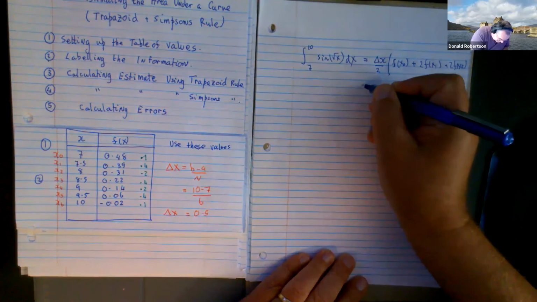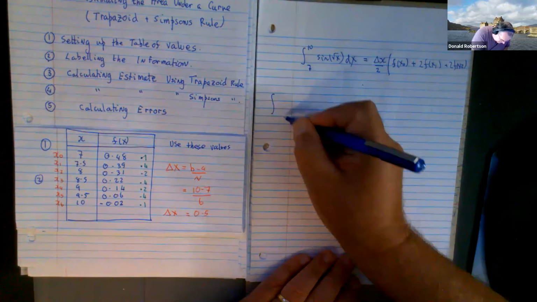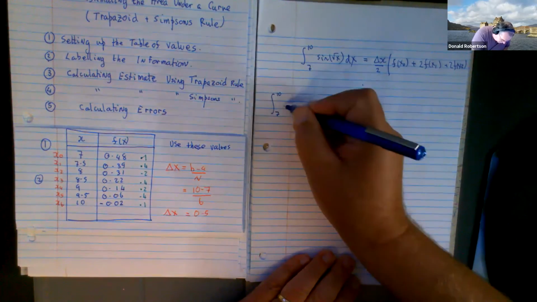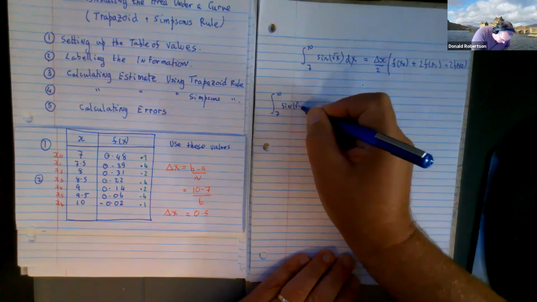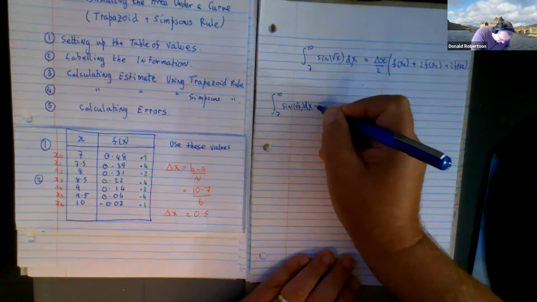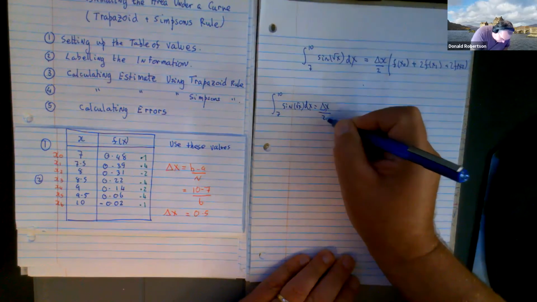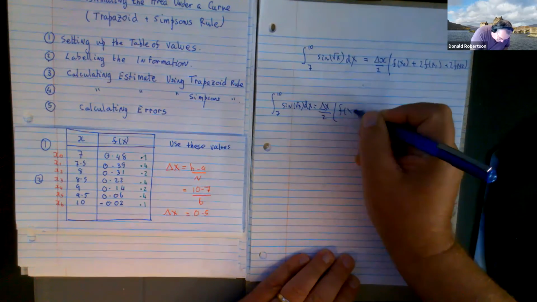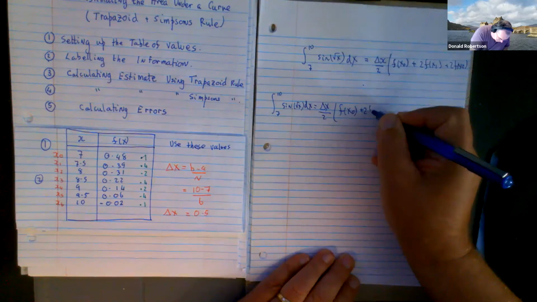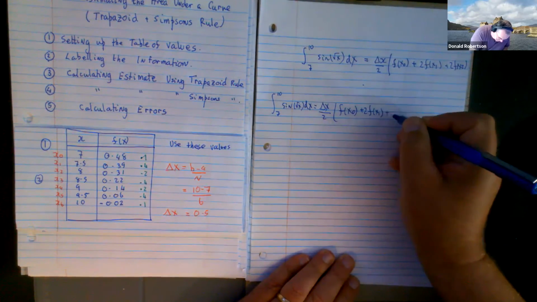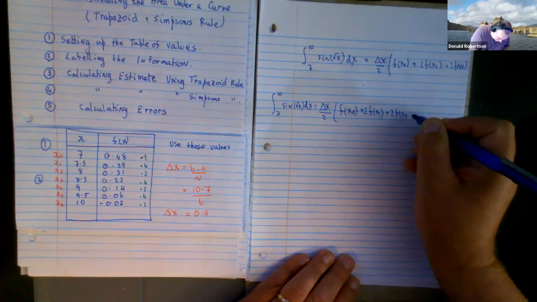I should have planned ahead here. Don't worry about this, I'm just rewriting it again to give myself more room. So it's the value of the function x naught, twice the value of the function x1, and x2, and all the other ones as well.